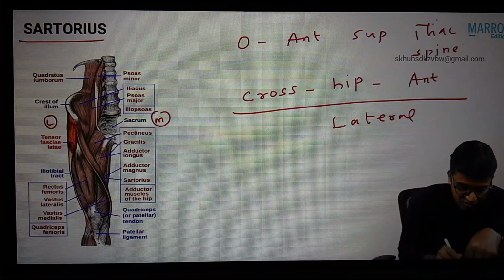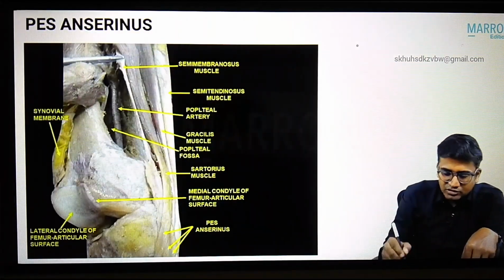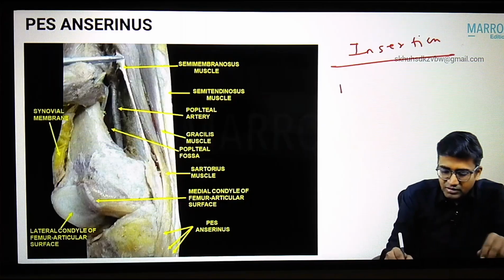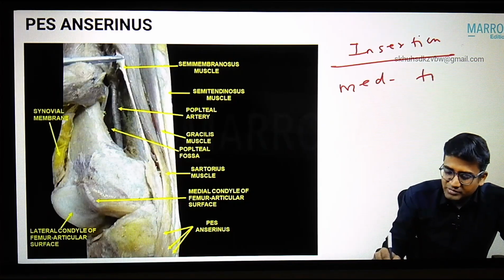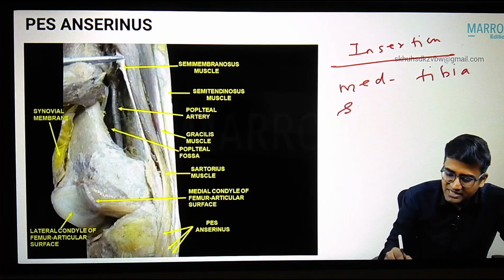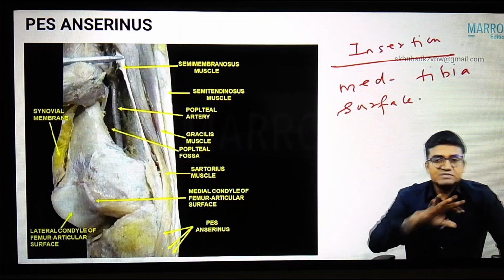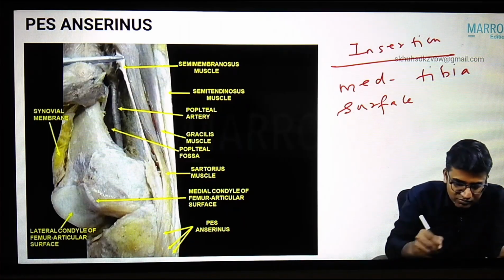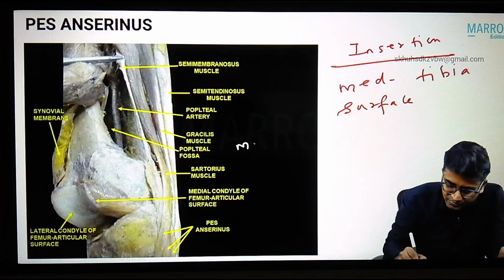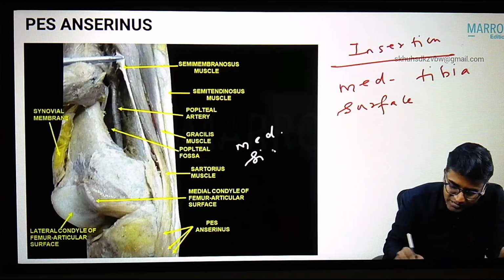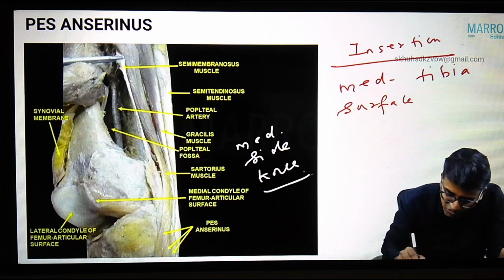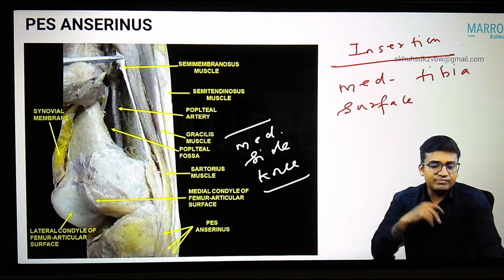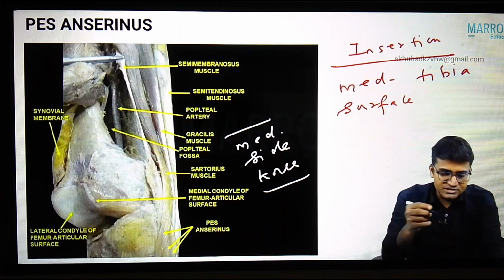Now what is the insertion of the sartorius muscle? The sartorius is inserted to the medial surface of the tibia. This muscle passes on the medial side of the knee joint and is finally attached to the medial surface of the tibia along with two more muscles.